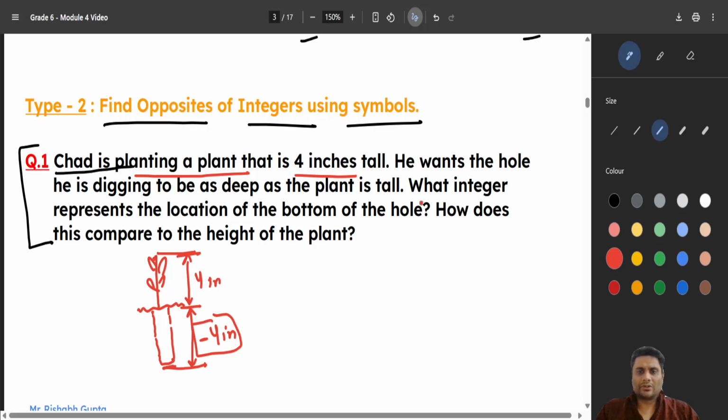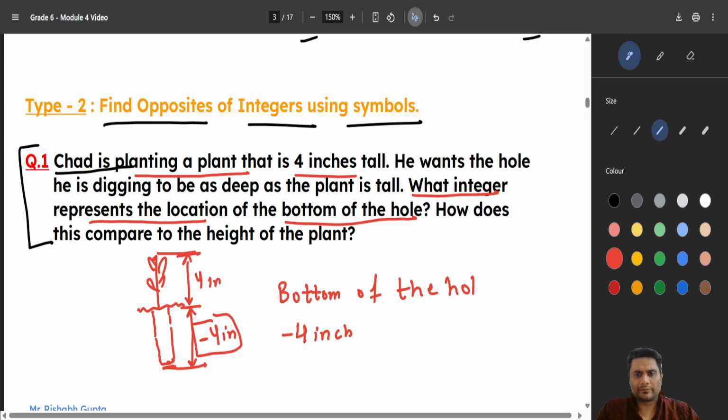Correct or no? So he said what integer represents the location of the bottom of the hole. So the bottom of the hole will be at minus 4 inches.